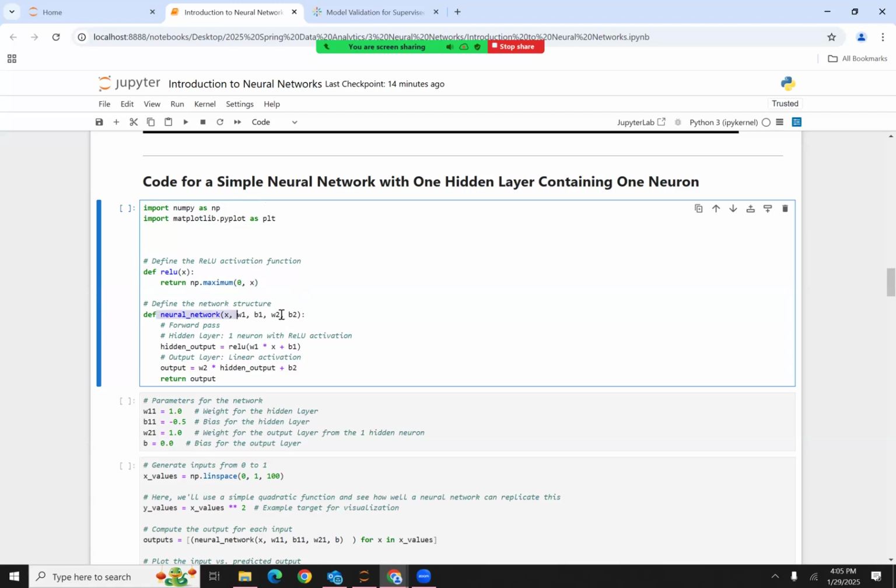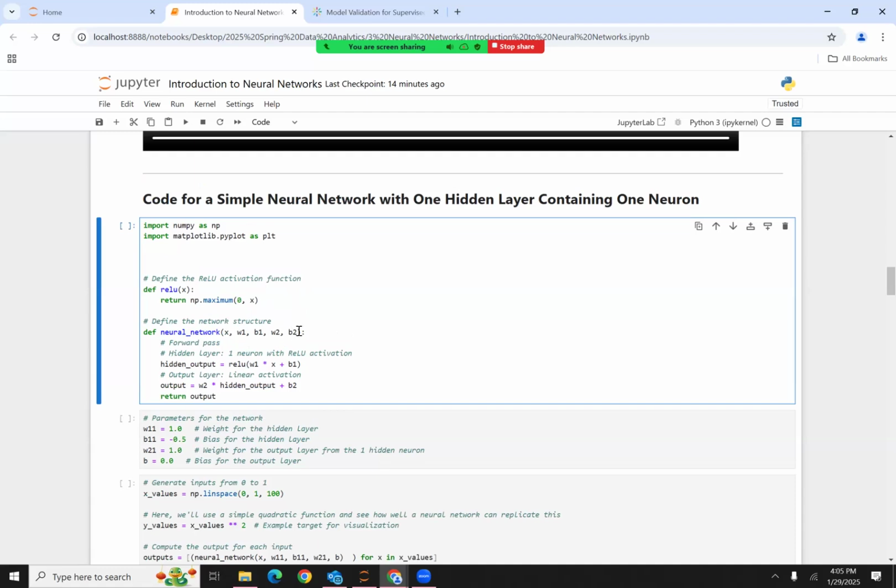And here is my neural network. The inputs are the weights, W1 and B1, which go from the input node to the hidden layer. And then I have the weights W2 and B2, which go from the hidden layer to the output node.